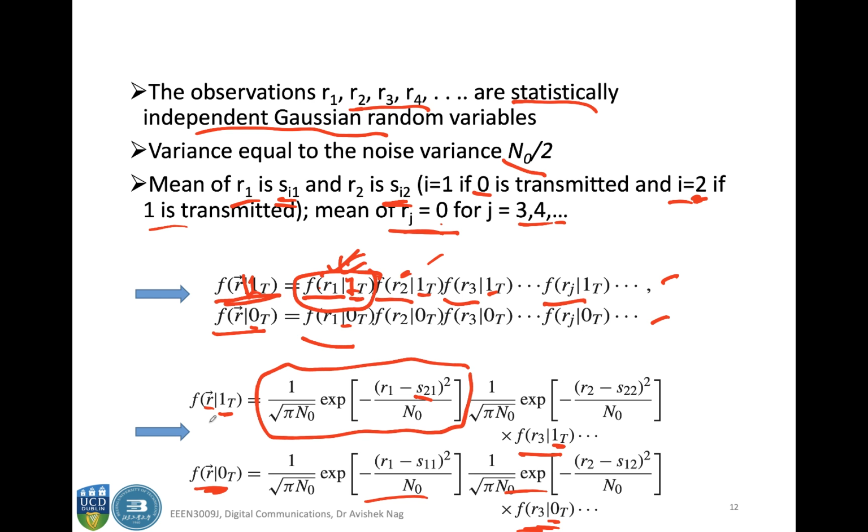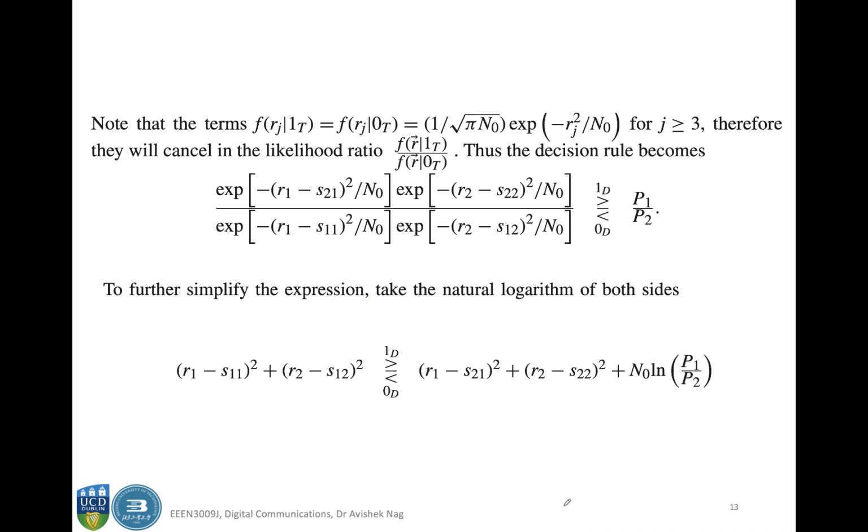So if you take the ratio of this and this, then all the terms from R3 onwards will cancel out because these and these are all the same. Okay. So the terms Rj given 1t and Rj given 0t are the same for j greater than or equal to 3. So therefore they will cancel in the likelihood ratio, and only these terms will remain.